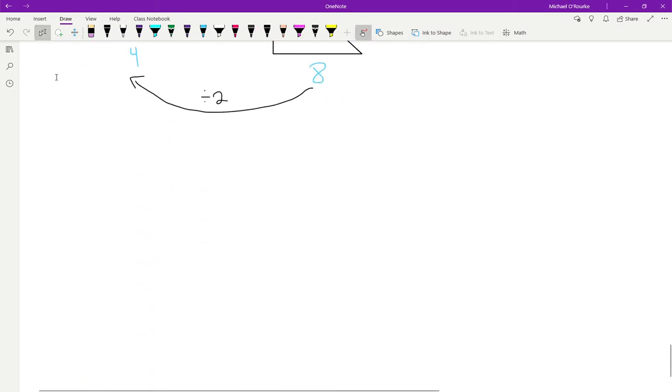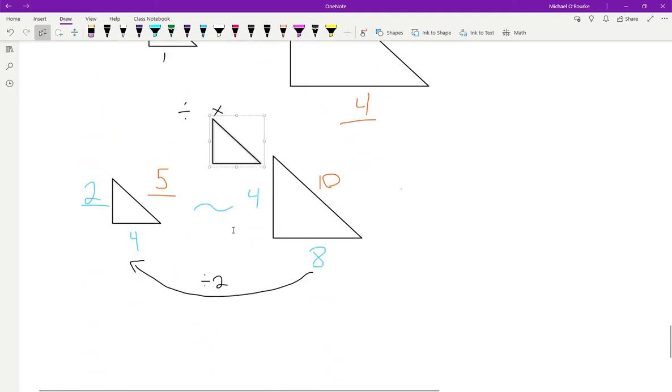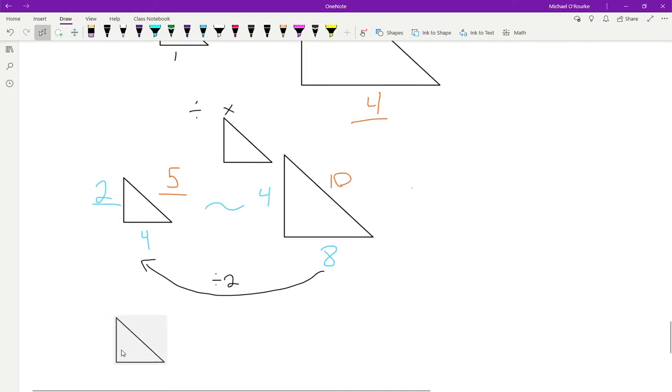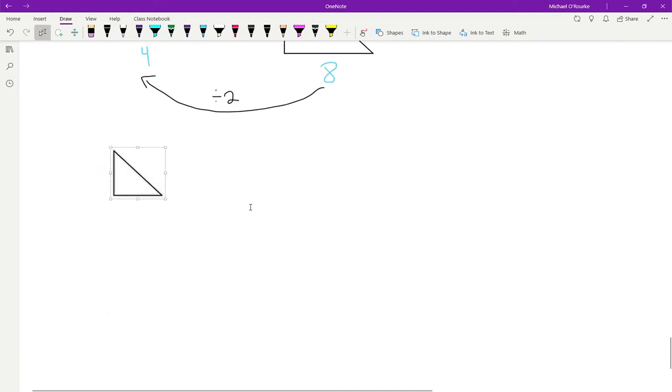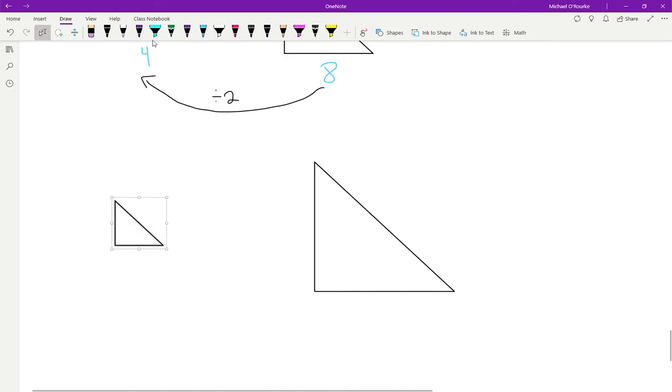Let's do another one here. Where did my triangle go? So I'm going to pull this triangle down here, our trusty first one. Let's put a second one down over here. Let's make this one bigger. I'll give you some numbers here.